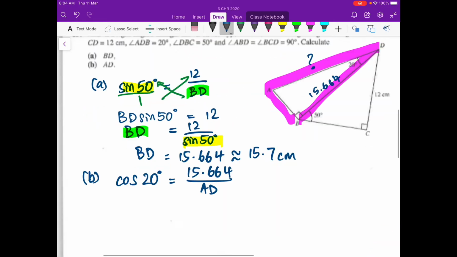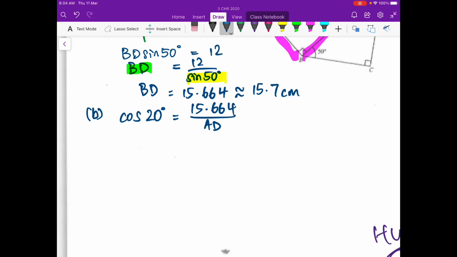Okay, so next, let's continue. Ziguan. Over 1, good. Cosine 20 over 1, then? Okay, so he didn't need the arrow already. AD cosine 20 degrees. Good.